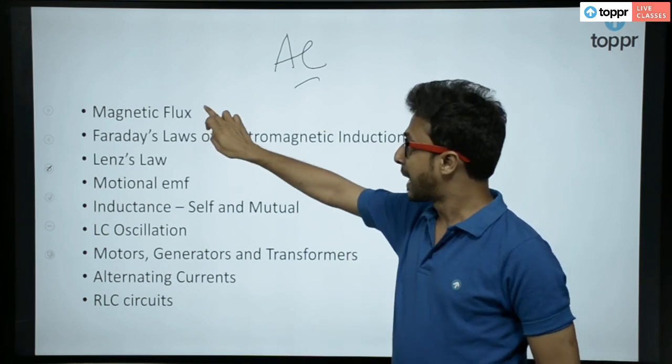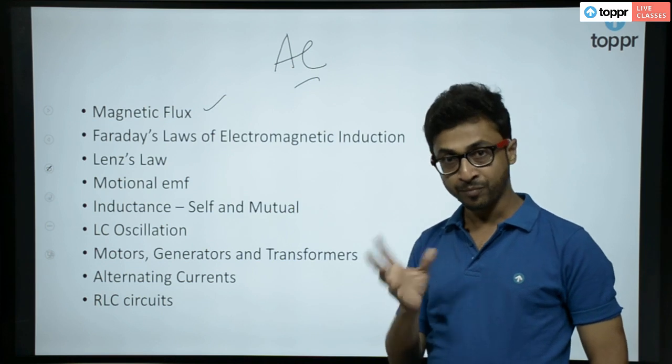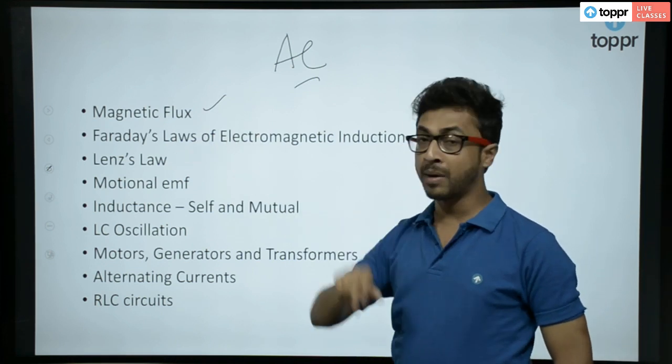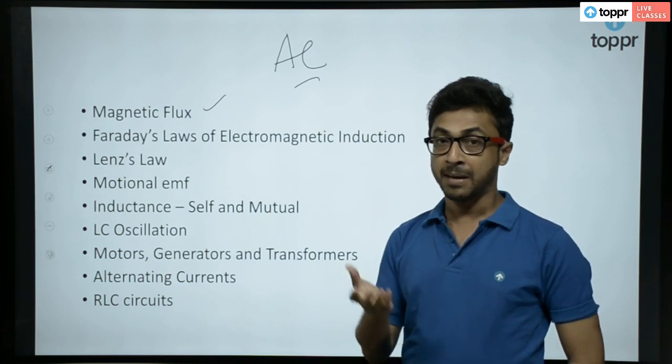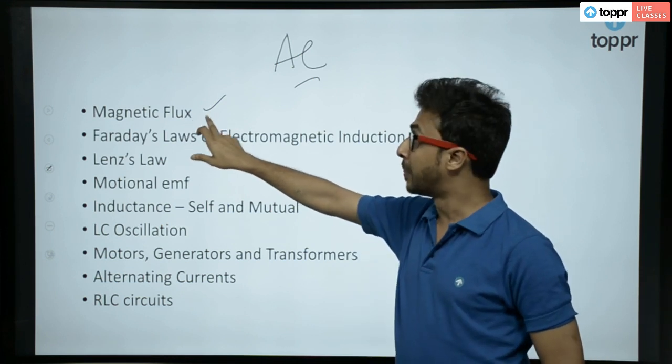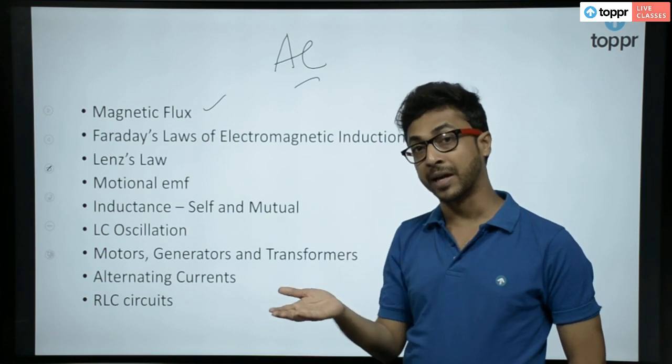These are the subheadings we'll be dealing with today. Like magnetic flux. Do you remember the basic formula for calculating magnetic flux? Magnetic flux is nothing but the number of lines passing through an area.